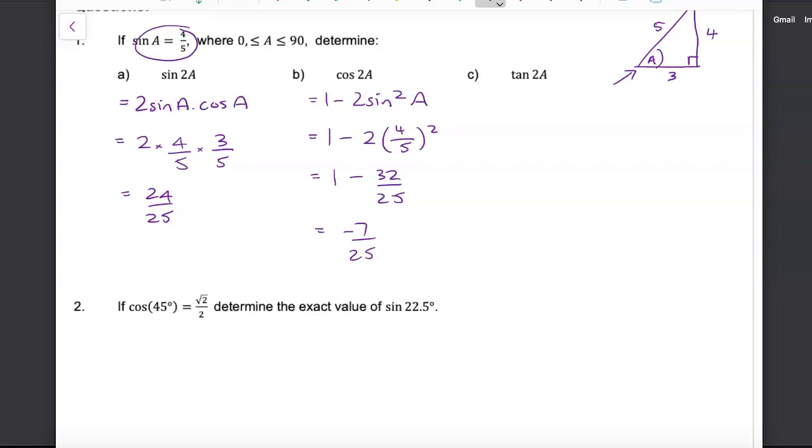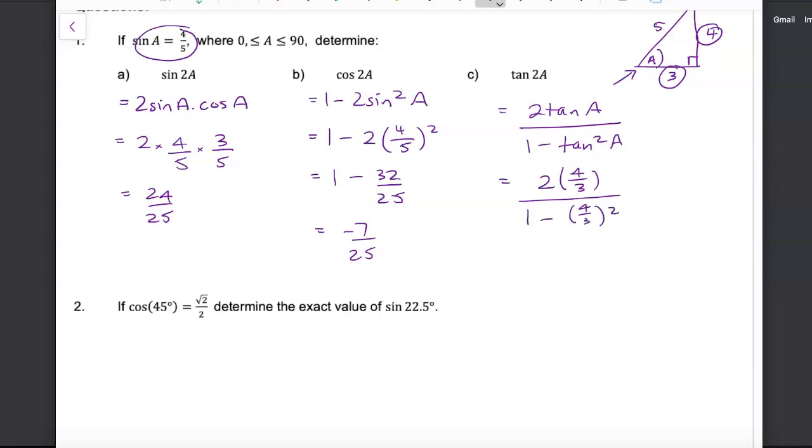In our last example, I'm going to use the double angle identity, which is 2 tan A over 1 minus tan squared A. So I've got 2 lots of, now the tan of A is going to be the opposite over the adjacent, so that's 4/3, divided by 1 minus 4/3 squared.